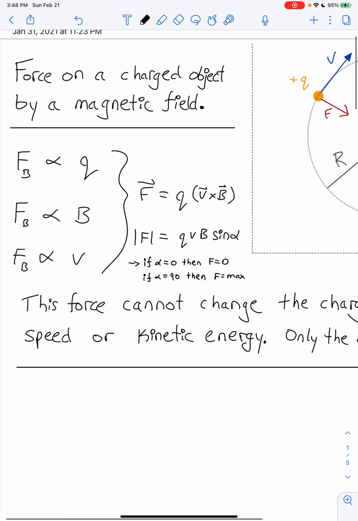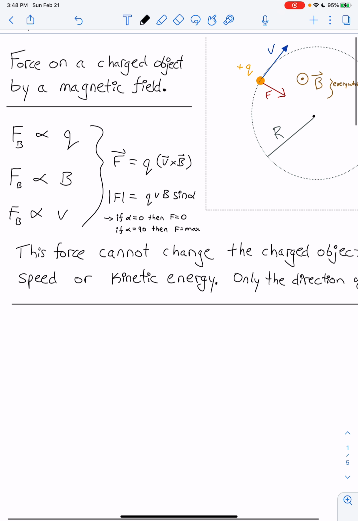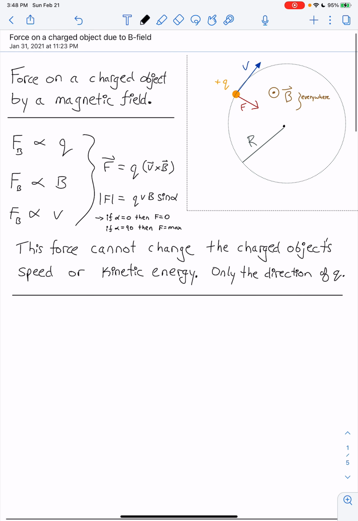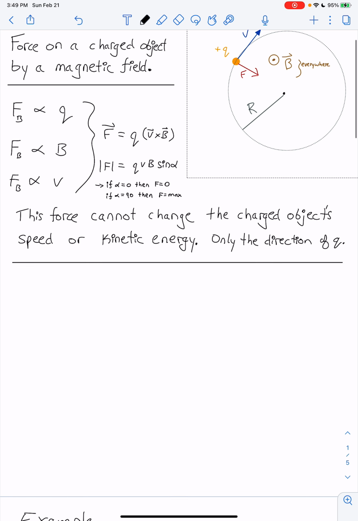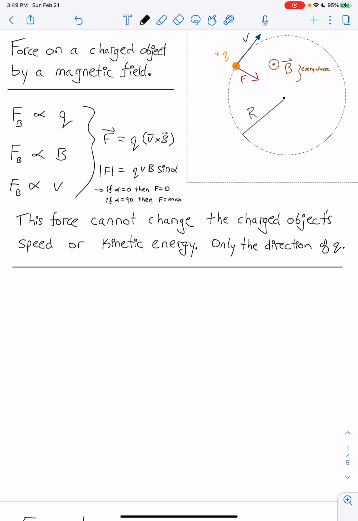So if that charge value is negative, then we're going to have to flip the direction of the resulting force. In this case, if this had been not a plus Q but a negative Q, the force would be in the opposite direction. Okay, so let's now consider what the radius of that motion would be.